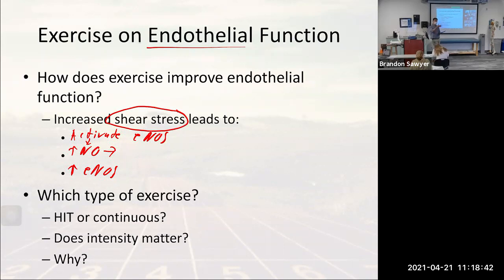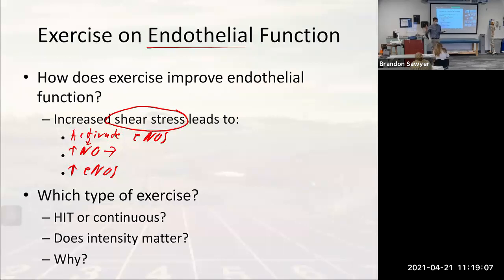Okay, and then if we go back to the beginning of the progression of atherosclerosis, if we just did that, it helps a lot, right? Because if we have more nitric oxide, then we inhibit the cellular adhesion molecules. If we inhibit those cellular adhesion molecules, we don't get the monocytes turning macrophages and coming in. We don't get the T cells coming in. We don't get that whole progression of inflammatory response, right?